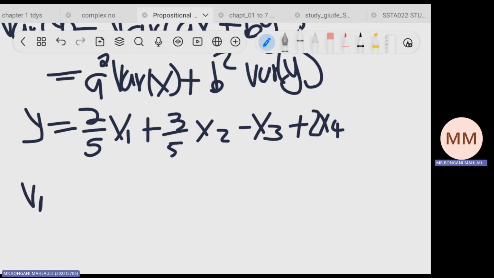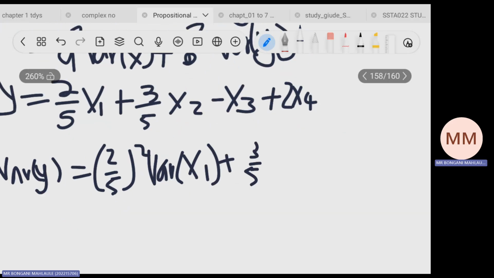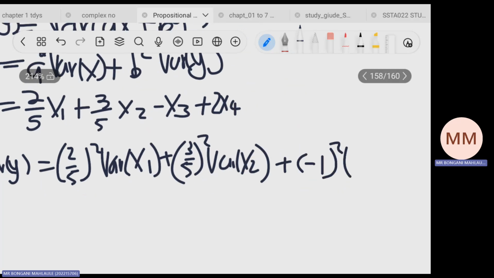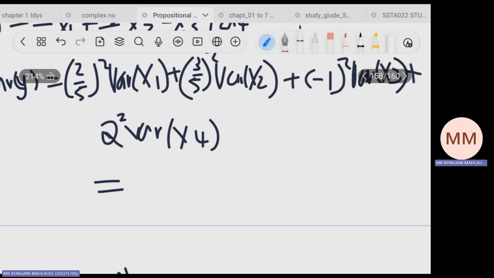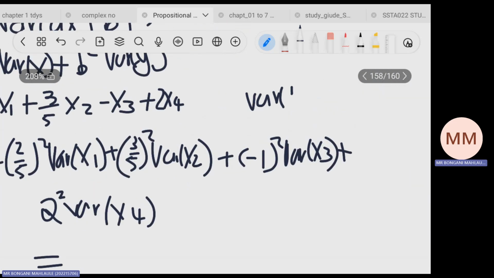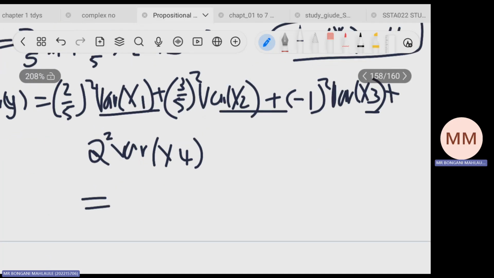The variance of y is 2 over 5 squared variance of x1 plus 3 over 5 whole squared variance of x2 plus negative 1 squared variance of x3 plus 2 squared variance of x4. And at the end, after simplifying these things, we already know that our variance is equal to 4. So you'll put 4 here.